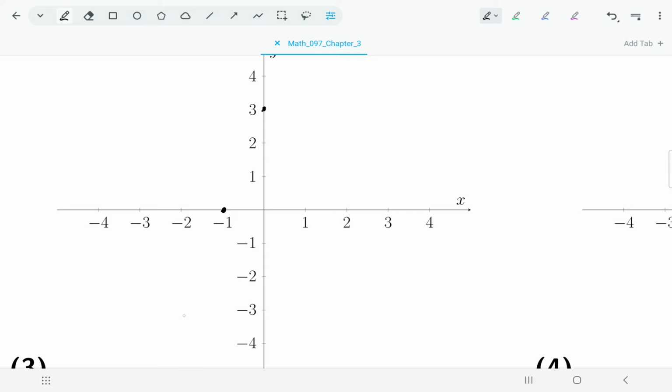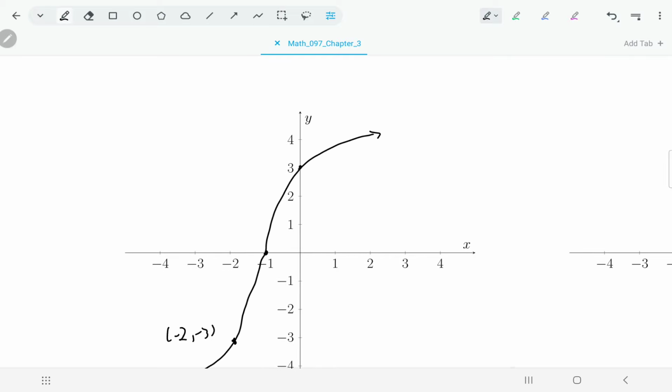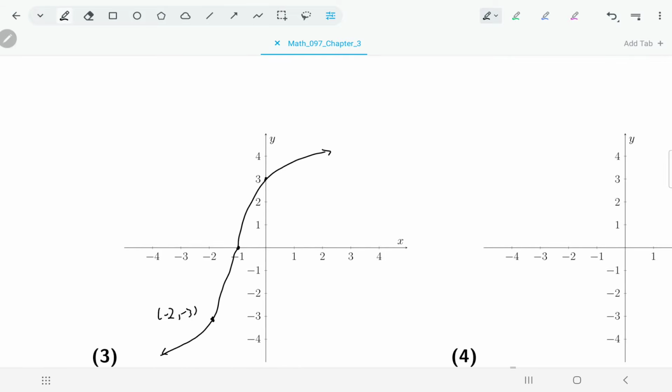And negative 2, negative 1, when I multiply its y value by 3, I get negative 2, negative 3. So we have our cube root graph. Now it's been stretched vertically. It's 3 times taller than originally. And again, making sure that we label everything, the points, as well as the equation. So I'll label that 3 cube root of x plus 1.